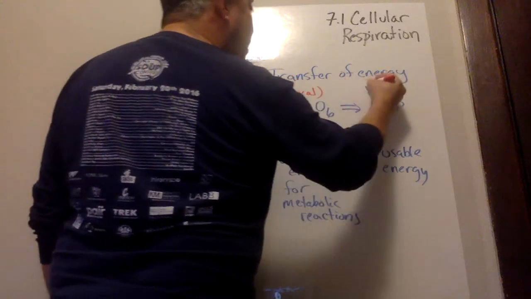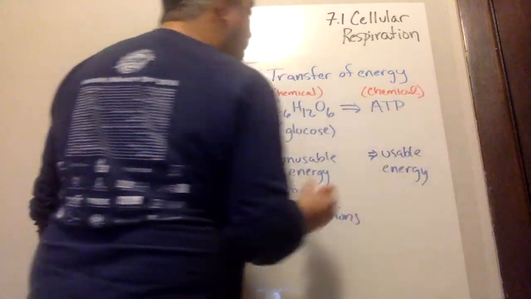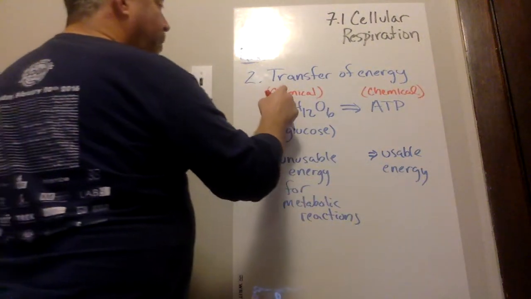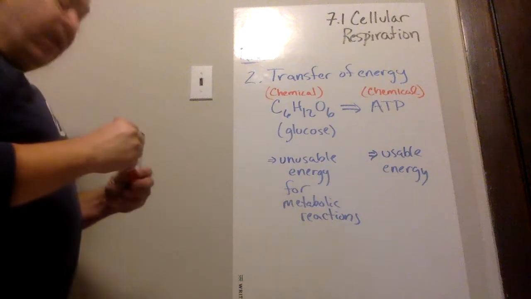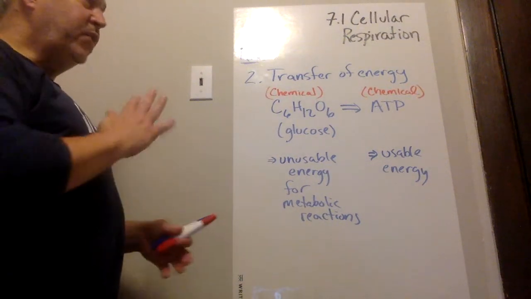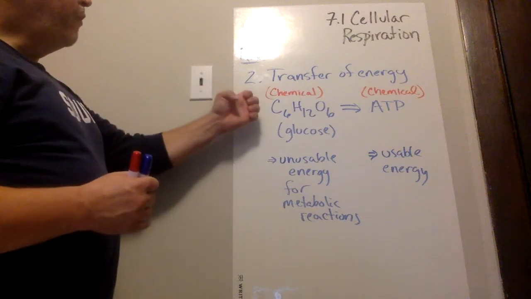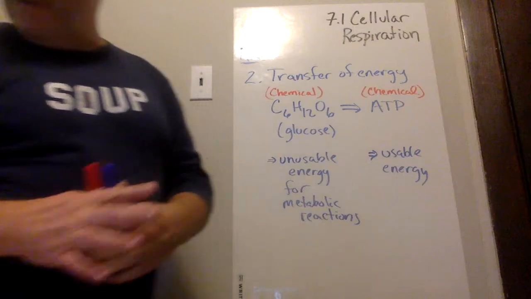So this is chemical energy, and this is chemical energy. So we see in the first law, we're going to transfer from one form of chemical energy to another form of chemical energy. The law doesn't say you have to go back and forth between potential and kinetic. It just says one form to another. We're going to go from one form of stored energy to a second form of stored energy.